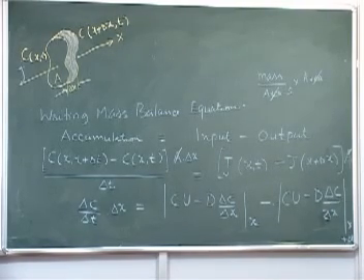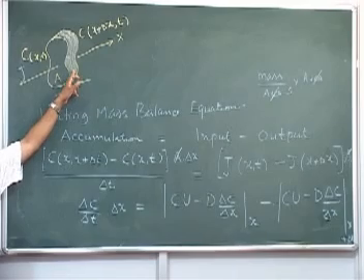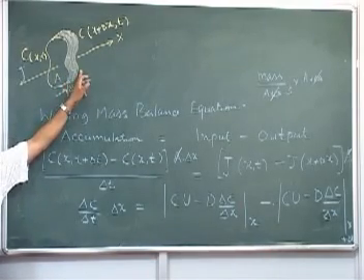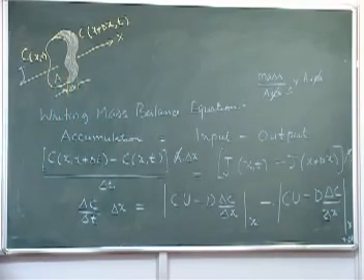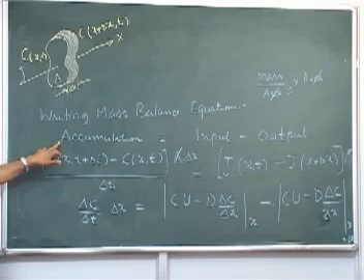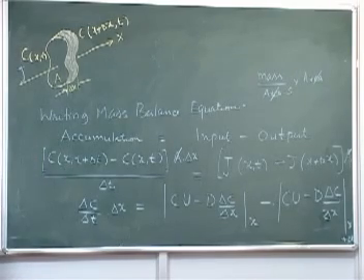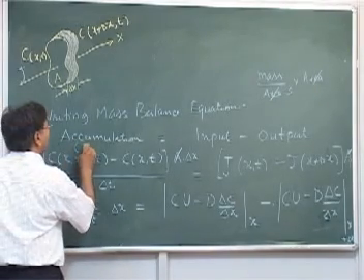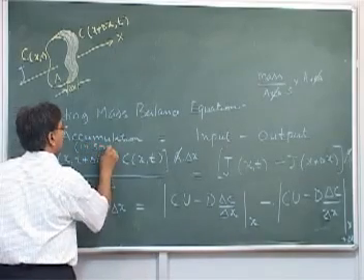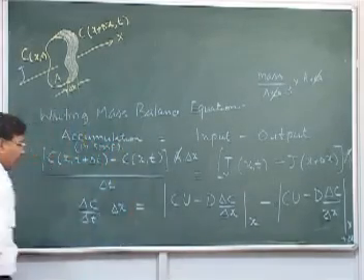The concentration is in the strip, not at the faces. I am not talking about the faces. So how will the concentration in the strip change? It will only change because of change in the time domain. So this is the accumulation in the strip.